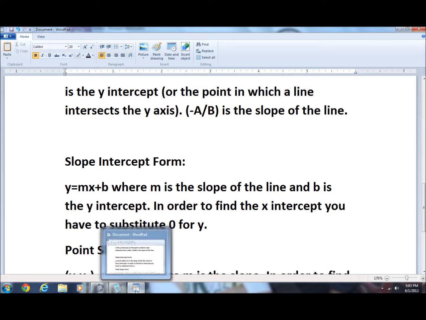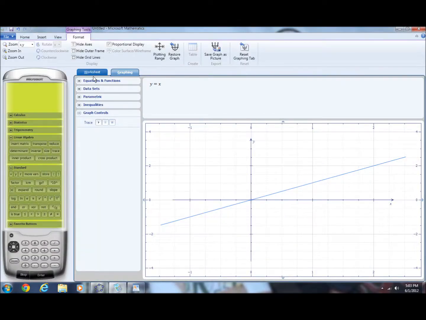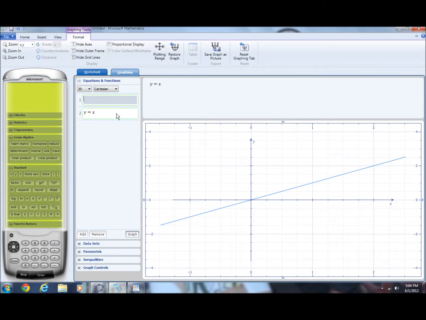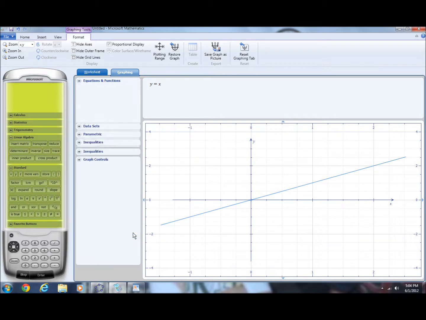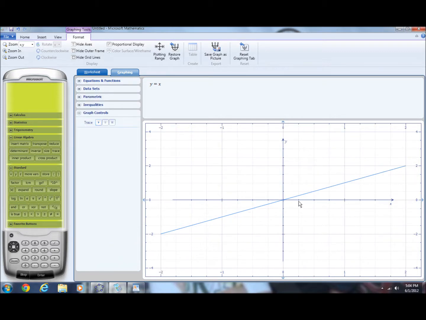In other words, m equals 1. This equation here, the parent function, y equals x, has m equal 1. And how do we know that? Let's just graph y equals 1x, press enter, and graph. The same exact graph.